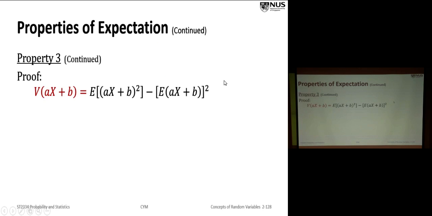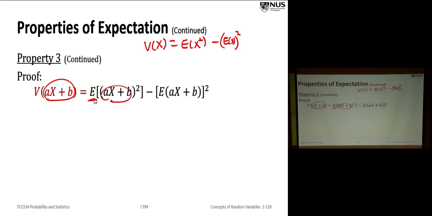So now here's the proof. In this proof that I have here, I make use of the formula. Remember the formula? The variance of a random variable X is equal to the expectation of x squared minus the square of the expectation. So I do the same thing. For the variance of this, I square this one and take the expectation, minus taking the expectation of this ax plus b first and then squaring it.